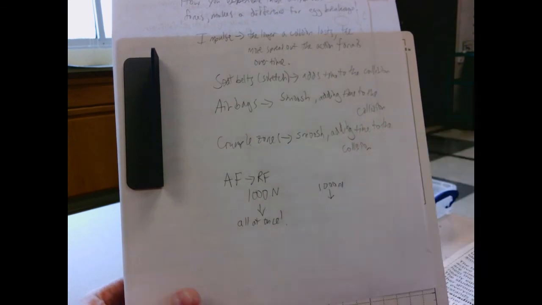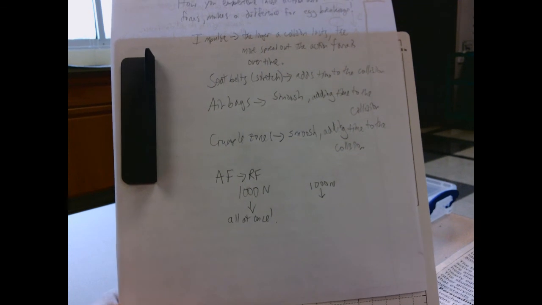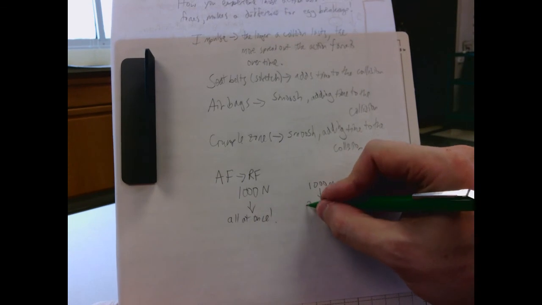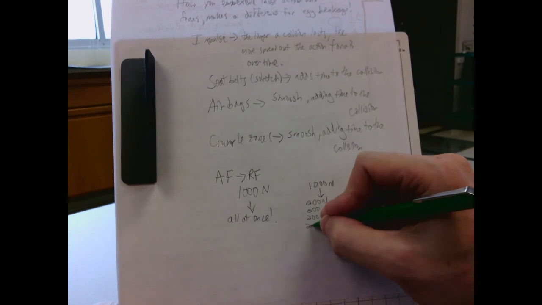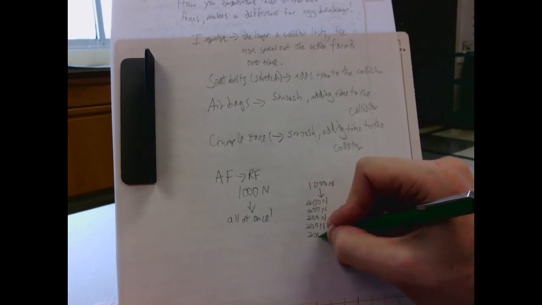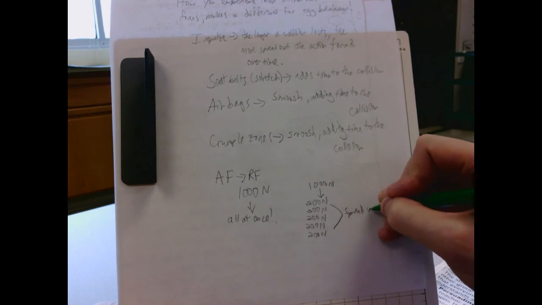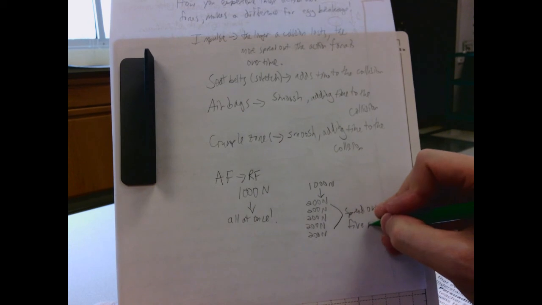You can't stop yourself from taking the 1,000 newtons. It's happening. The law of conservation of momentum says that all that momentum gets transferred in the collision. But instead of taking that 1,000 newtons all at once, what if you took 200 newtons spread out over 5 milliseconds? That's going to be a lot better for you.